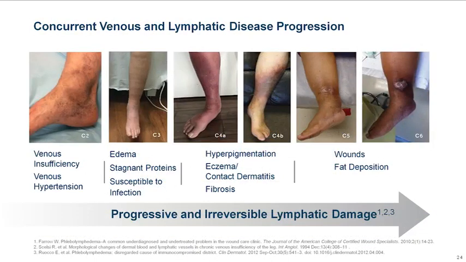This slide demonstrates that venous and lymphatic disease is again intimately associated in terms of dysfunction as the venous disease becomes more progressive. Physicians recognize C2 disease as typically varicose veins. In C3, we recognize the onset of edema. In C4, we recognize skin changes and subsequent fibrosis.